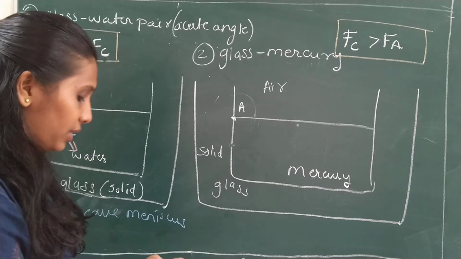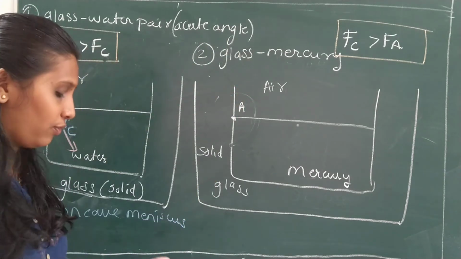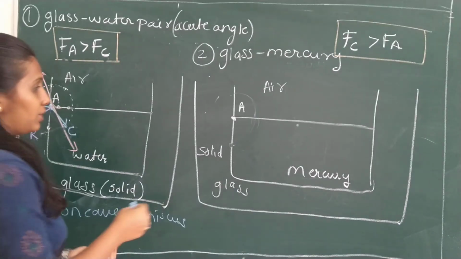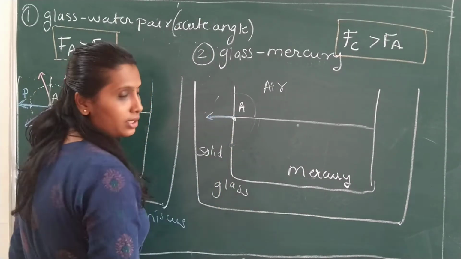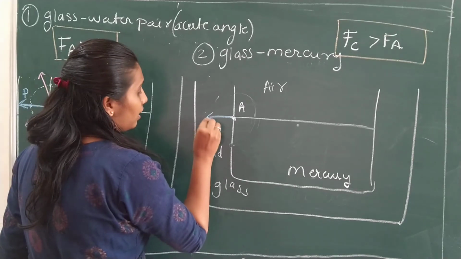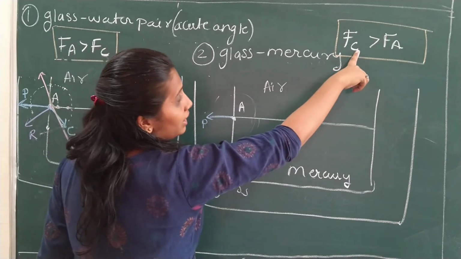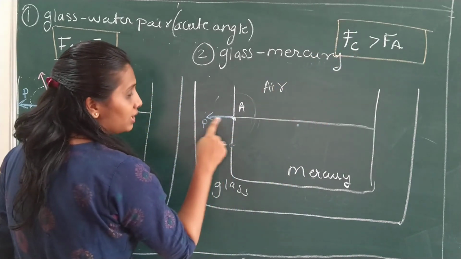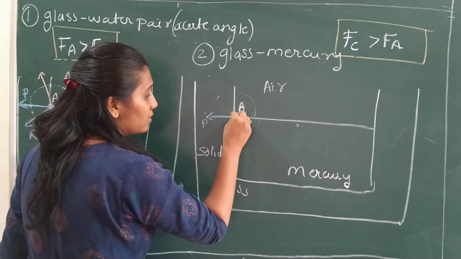Again we will draw the components. As you know cohesive force is greater than adhesive force, say this is my adhesive force component, that is AP, and cohesive force is greater, so obviously the length of the net cohesive force component should be large.